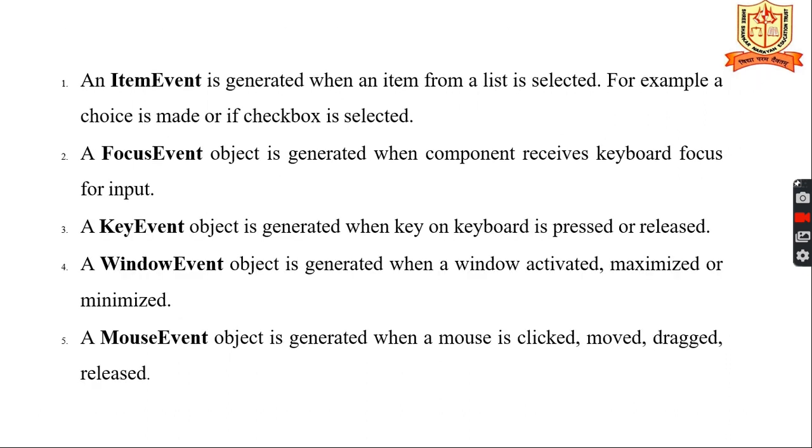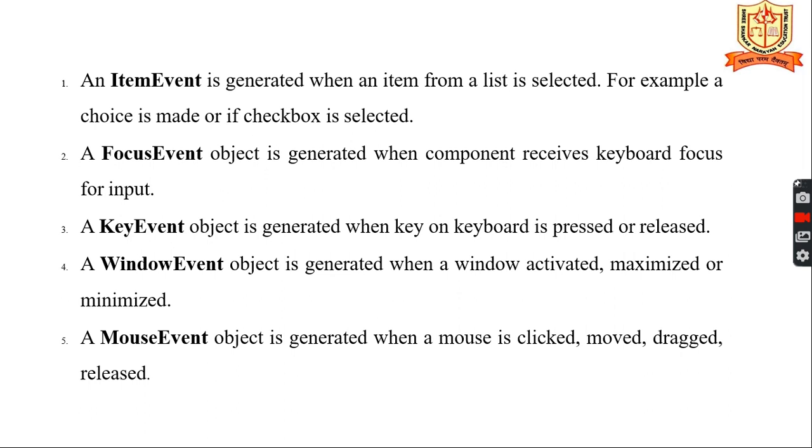An item event is generated when an item from the list is selected, for example, when a choice is made or a checkbox is selected. A focus event object is generated when a component receives the keyboard focus for input.